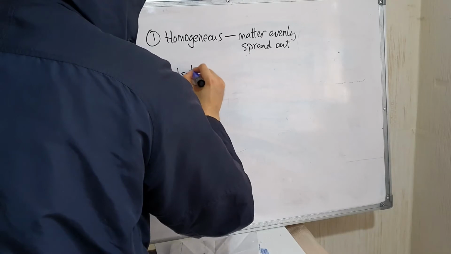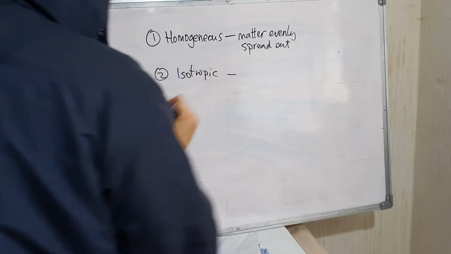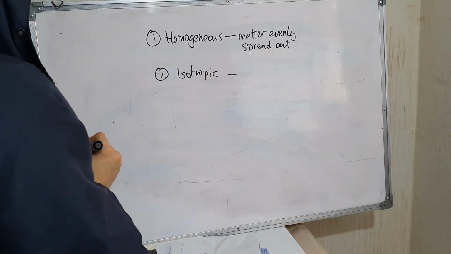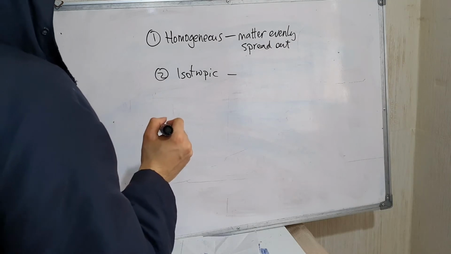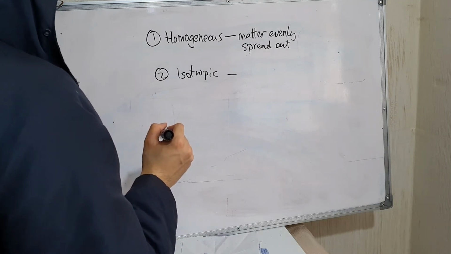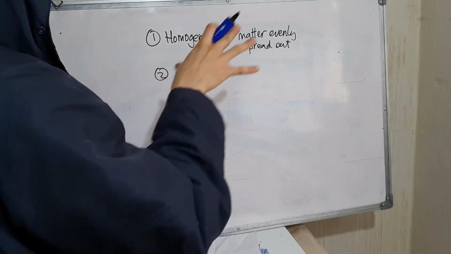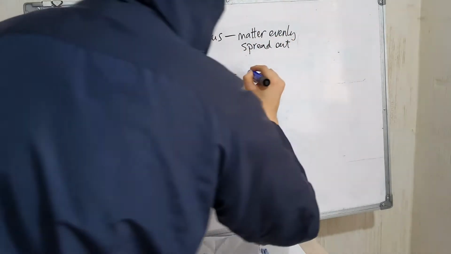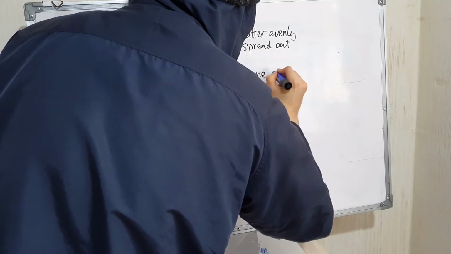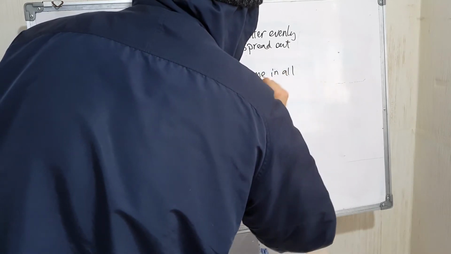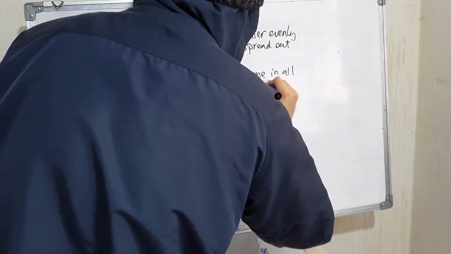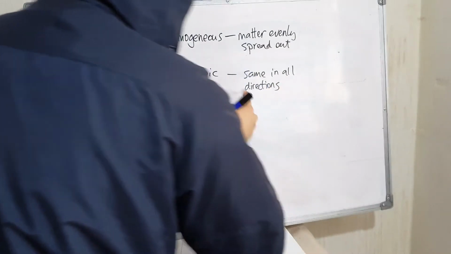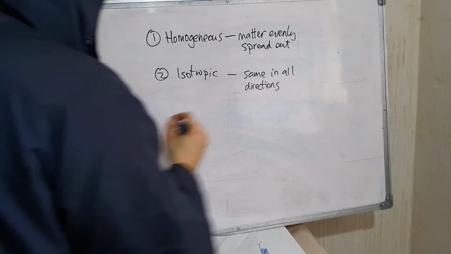Isotropic means that the directions are all the same no matter where you are. So let's say that you're in the middle and you're looking in all directions. It's the same in all directions. That implies that there is no center, no edge.